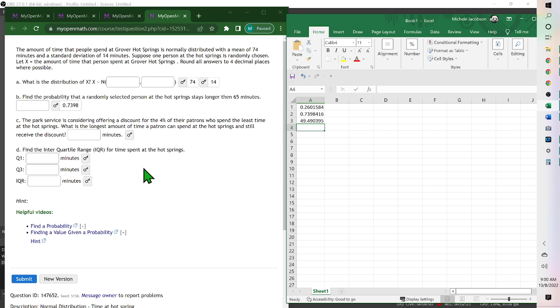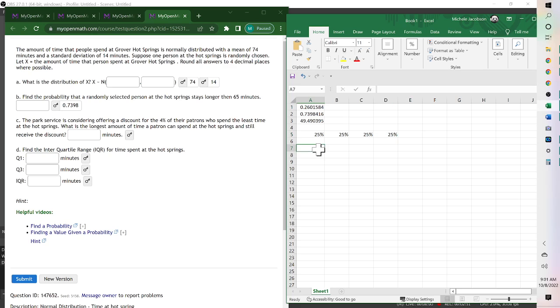The last one, when you're working with quartiles, break things up into quarters or 25%. So Q1 is right here, and that means 25% is below it.